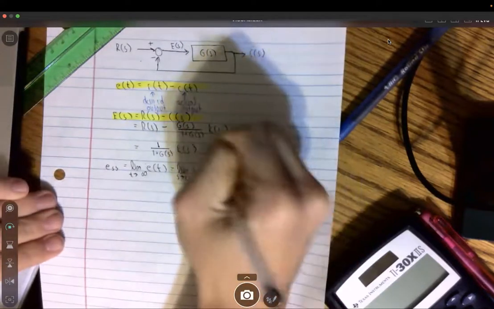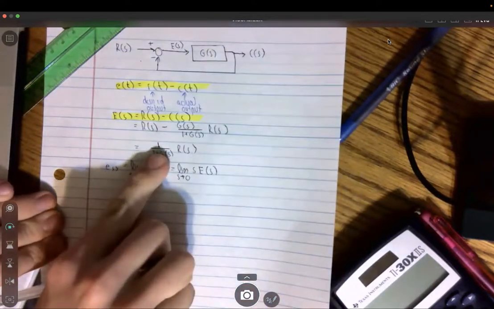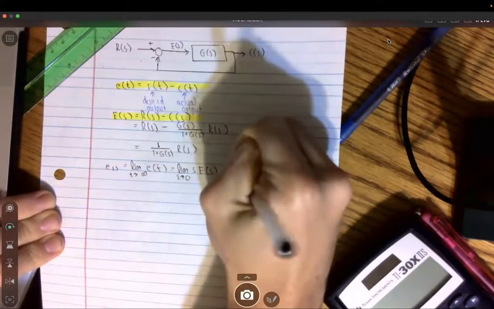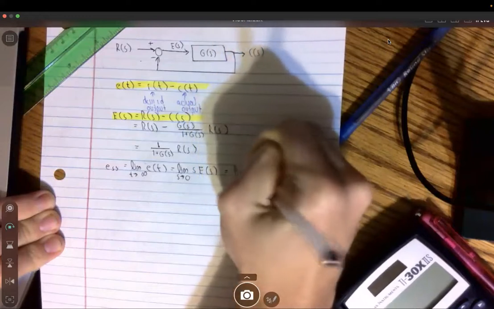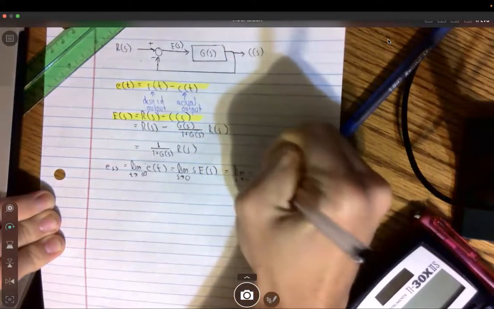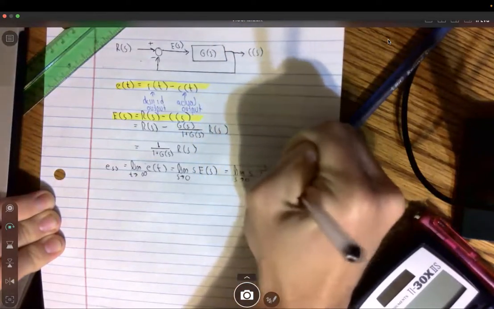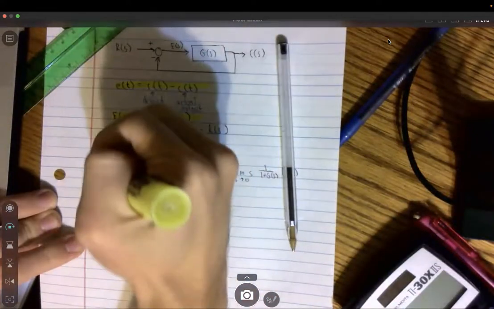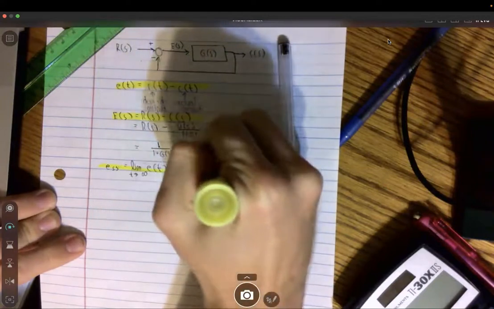And then here, since we solved for E of s, you can just plug it in. So you would just plug in limit as s goes to 0, s times 1 over 1 plus G of s times R of s. However, the big equations you just need to know are these right here.